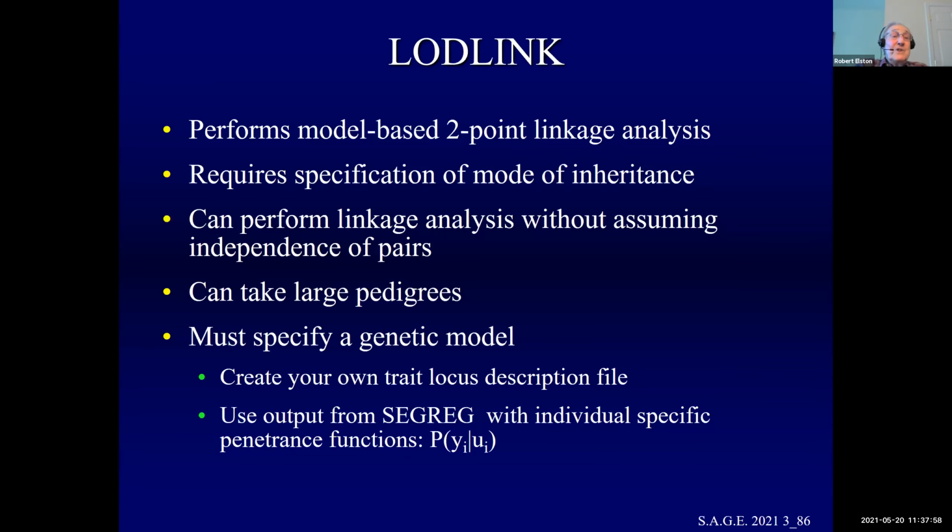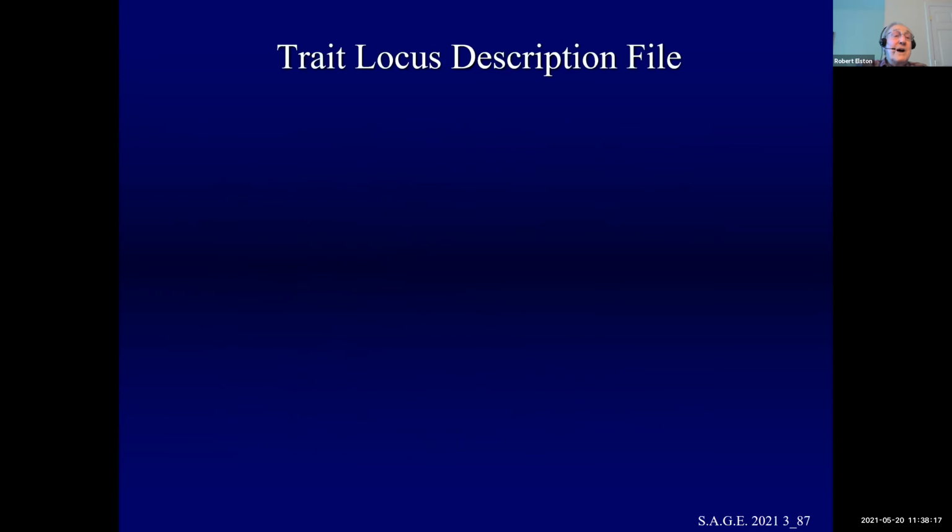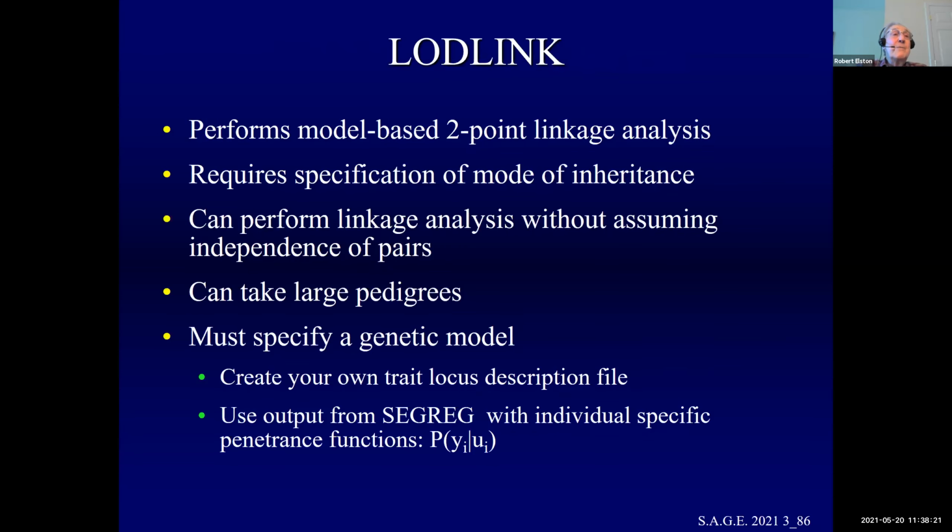And what this program SEGREG will do is output individual specific penetrance functions, the probability of a particular Y given its genotype. Okay, so typically we have 3 genotypes, and you'll have a probability of Y given each of them.